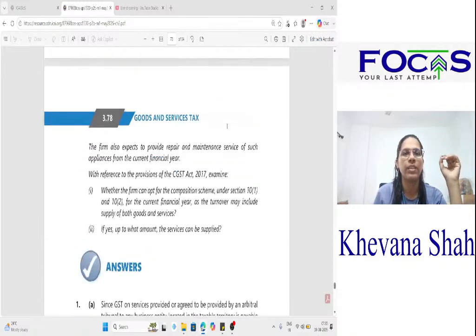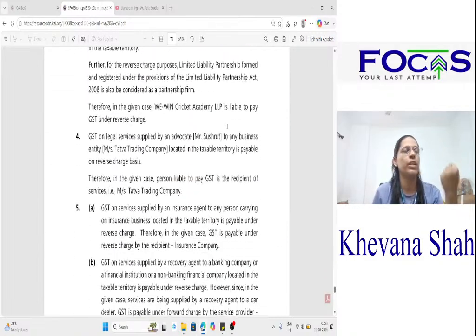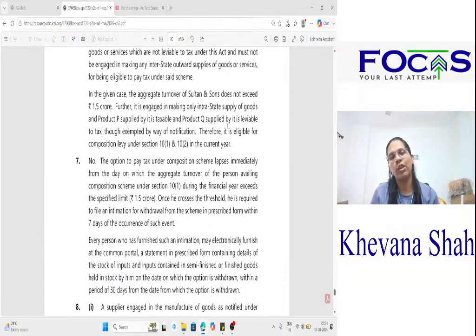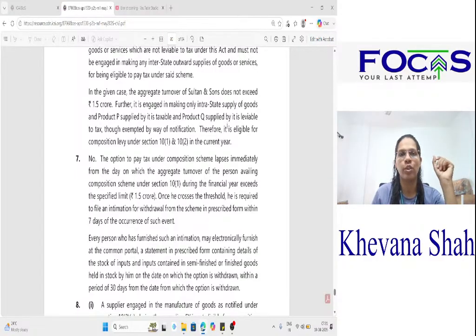So let's check. What do you think? Will that person be allowed or not? The person will not be allowed to stay in the composition scheme the moment the threshold limit is crossed.